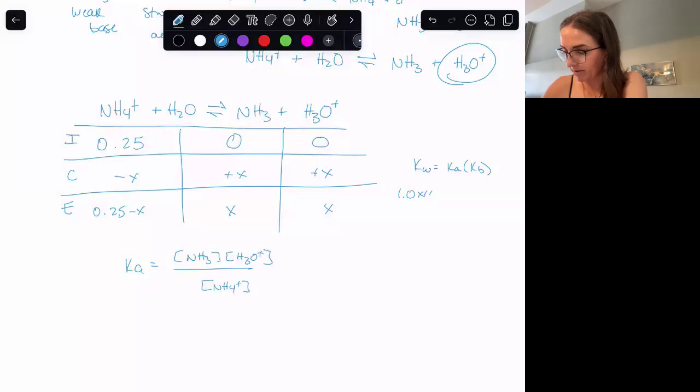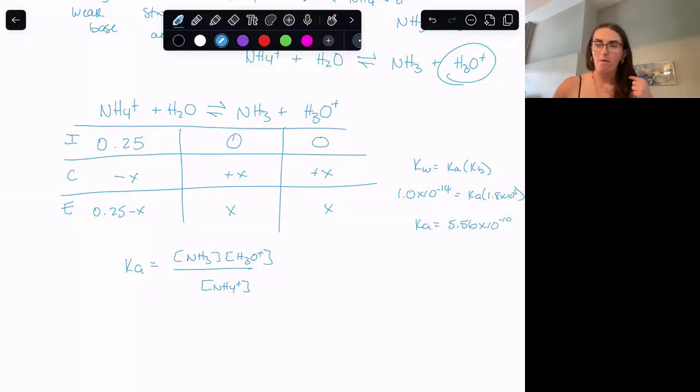So we have 1.0 times 10 to negative 14 is equal to Ka times 1.8 times 10 to negative 5. So we get Ka is equal to 5.56 times 10 to negative 10.